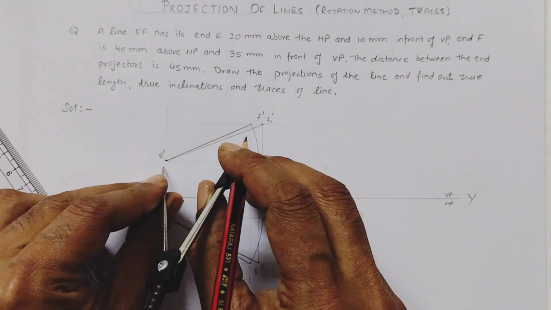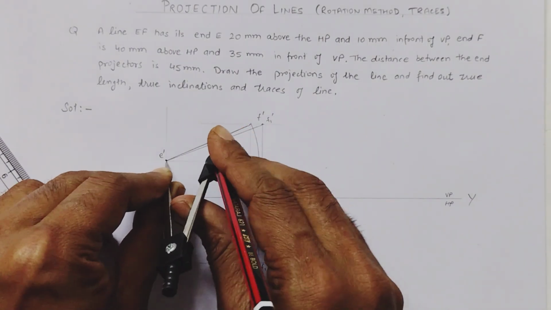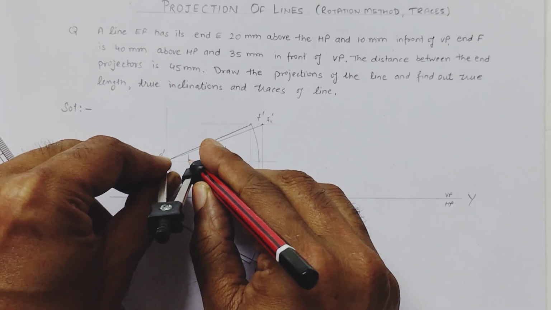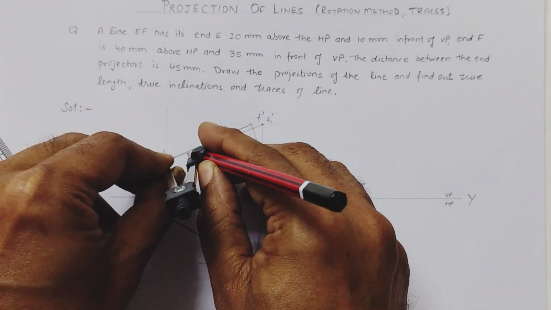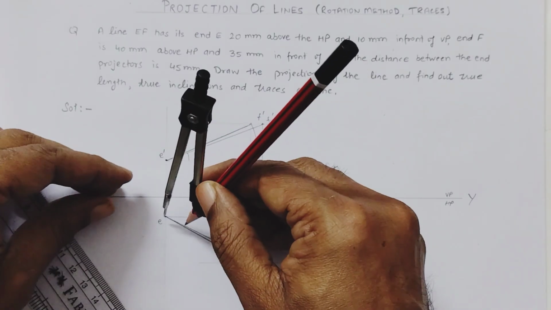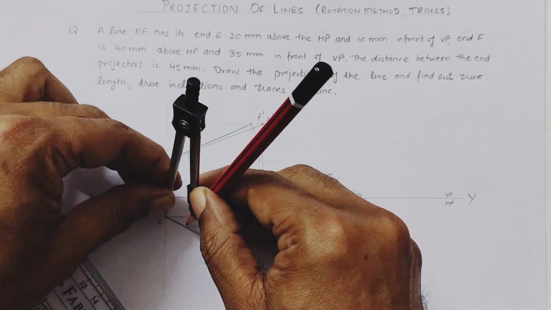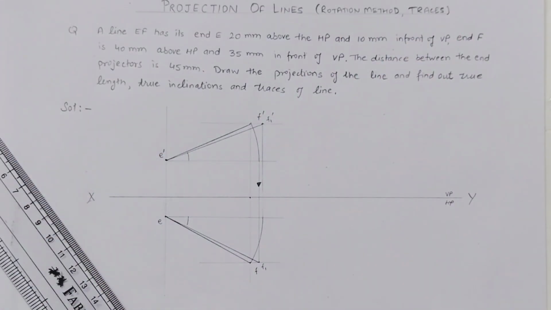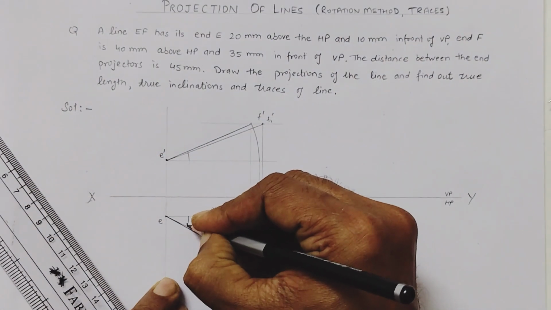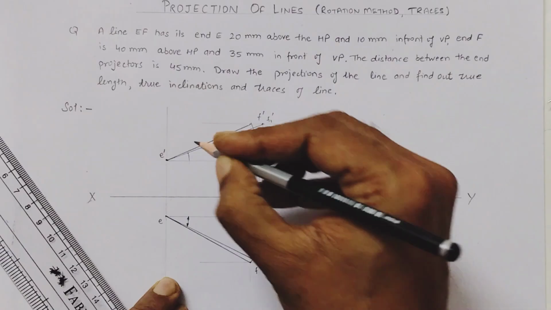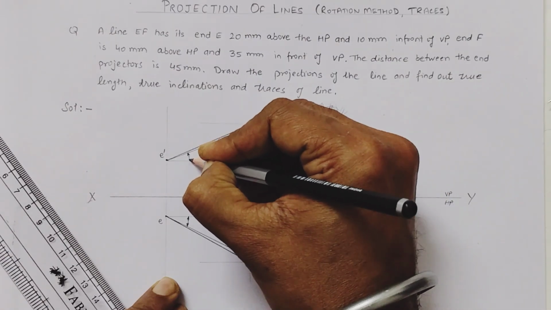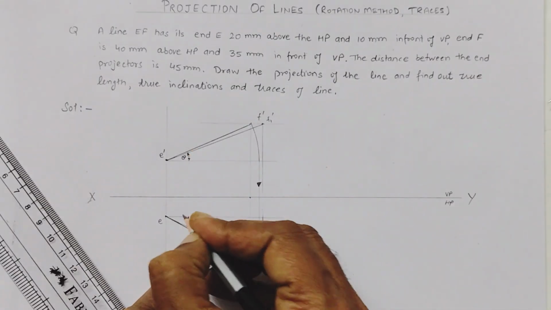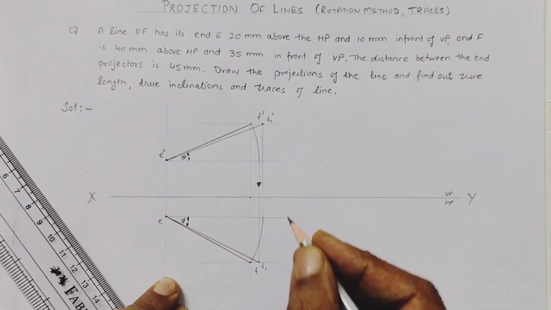We have to find the inclinations, so we will mark the angle here, and similarly for this. This is the inclination of the line in the front view, and here is the top view.